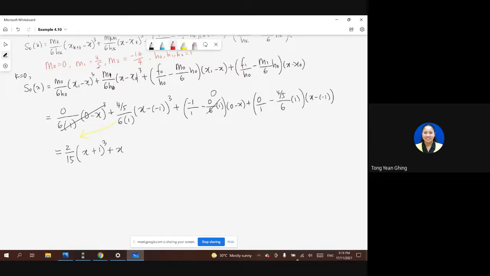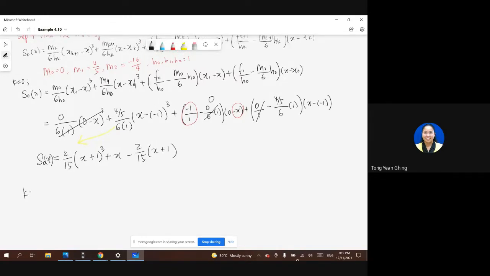Can? So this is negative 1 times negative X becomes positive X. And then plus, okay, this one is gone. So this one negative 2 over 15. Sorry. This should be negative 2 over 15, then X plus 1. Like this. Okay, this is S naught X. So this is X naught.